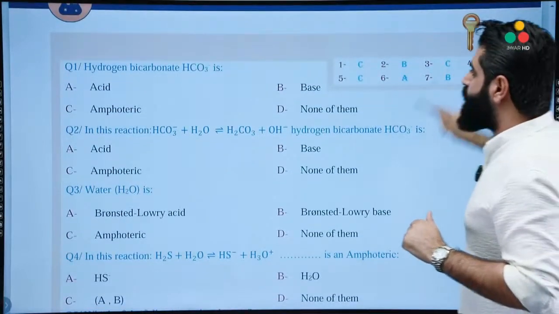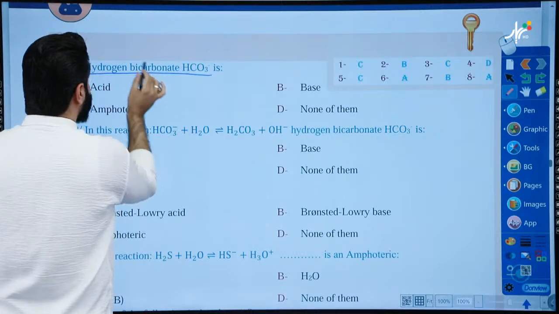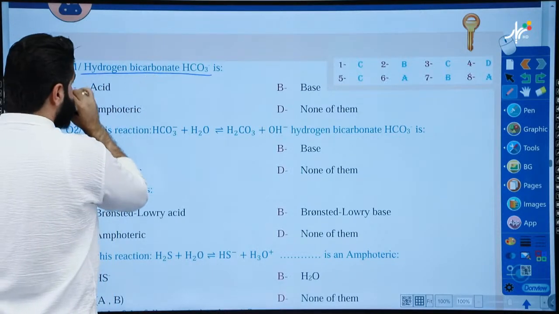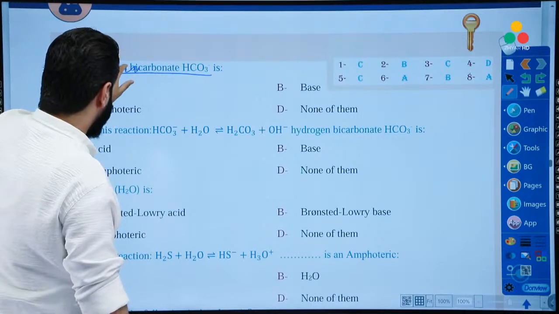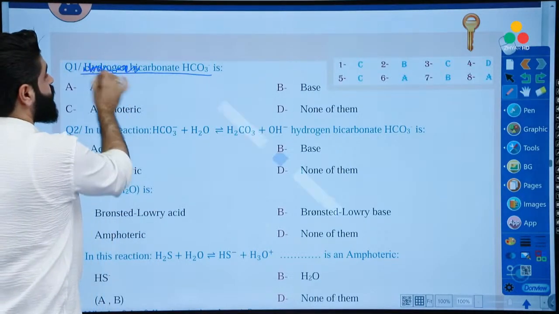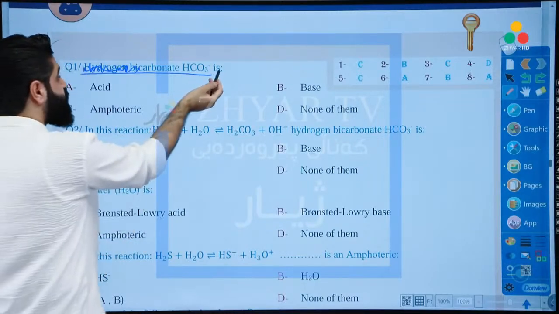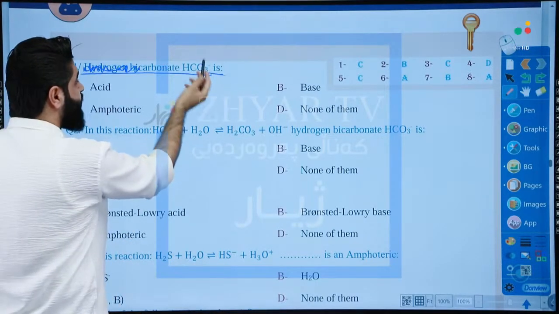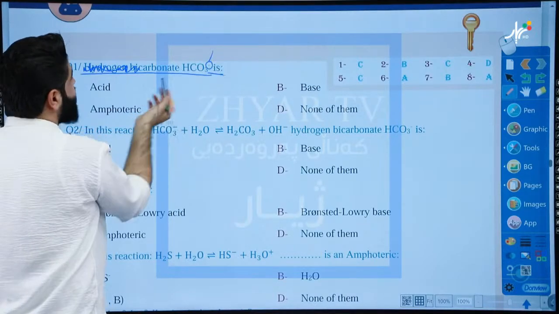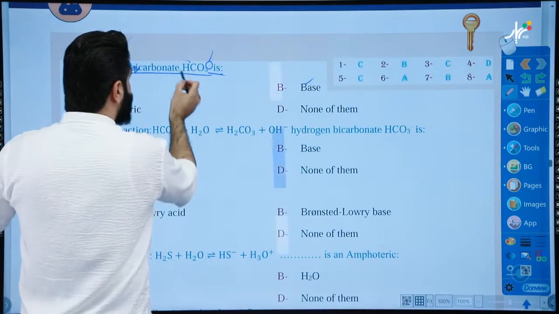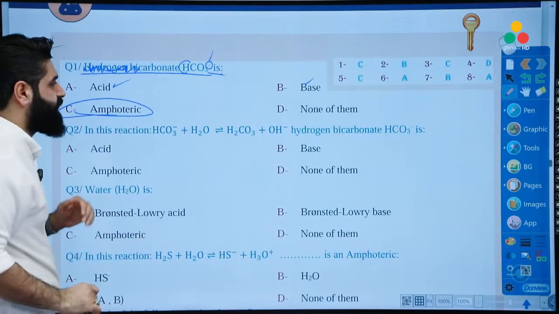What is the hydrogen bicarbonate also called? This is hydrogen or this is bicarbonate only? This is called bicarbonate, or you can say hydrogen carbonate, both are correct. Good. What is hydrogen carbonate or bicarbonate? Ion. Okay, mister, it has a negative charge so it will become the acceptor as a base, and for the sake of proton it will become an acid, so it's amphoteric.